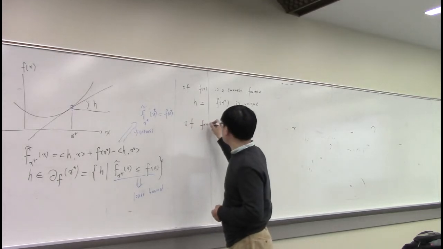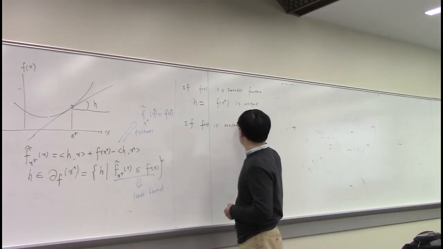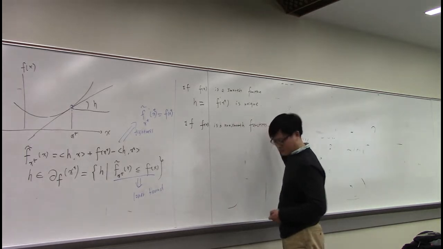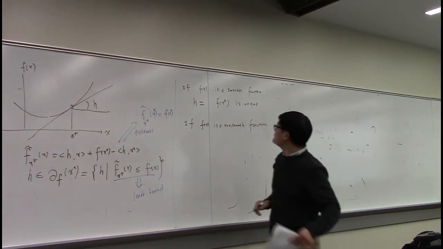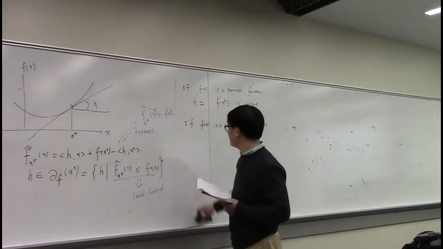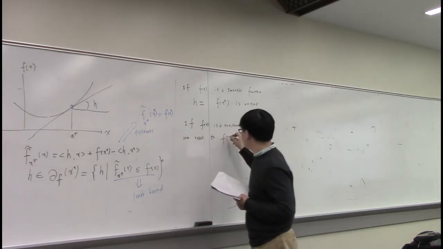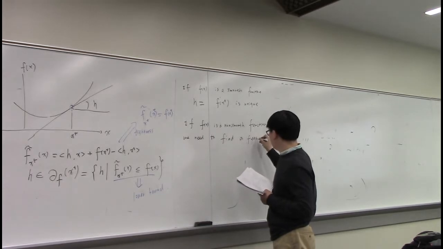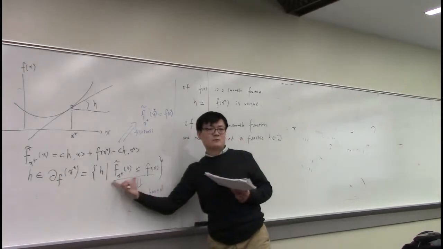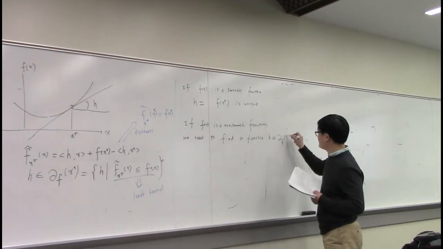If f(x) is non-smooth, then we need to find a feasible h belonging to this set of feasible vectors at x_t.